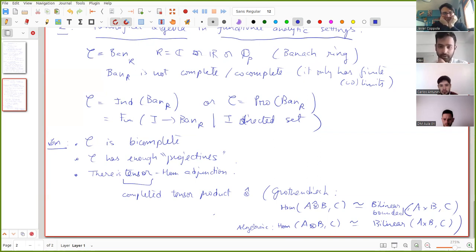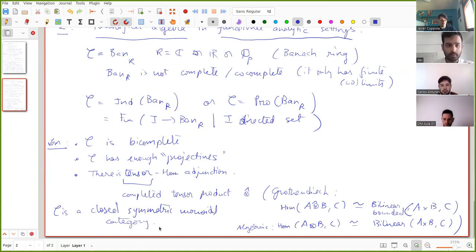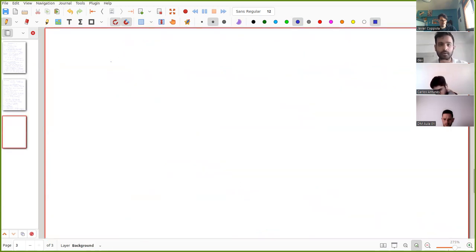And right, this turns it into what is called a closed symmetric monoidal category. Right, so this is still just algebra.